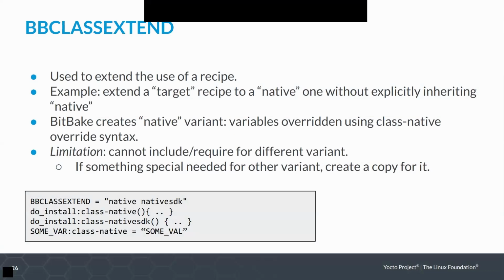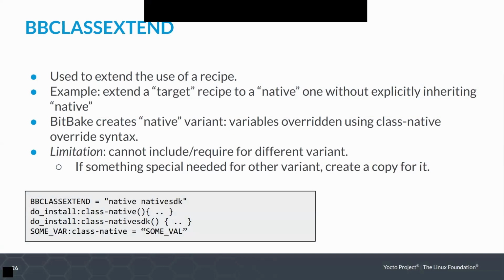So, moving to very important notes in order to fully understand the toolchain story in Yocto. There is a variable called BBCLASSEXTEND. It's used to extend the use of a recipe. For example, if you have a target recipe, you can extend that recipe to be native without explicitly inheriting native.